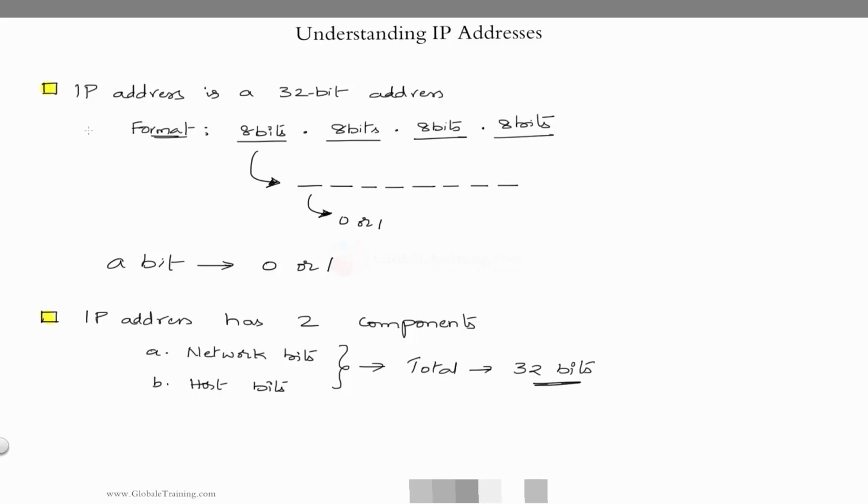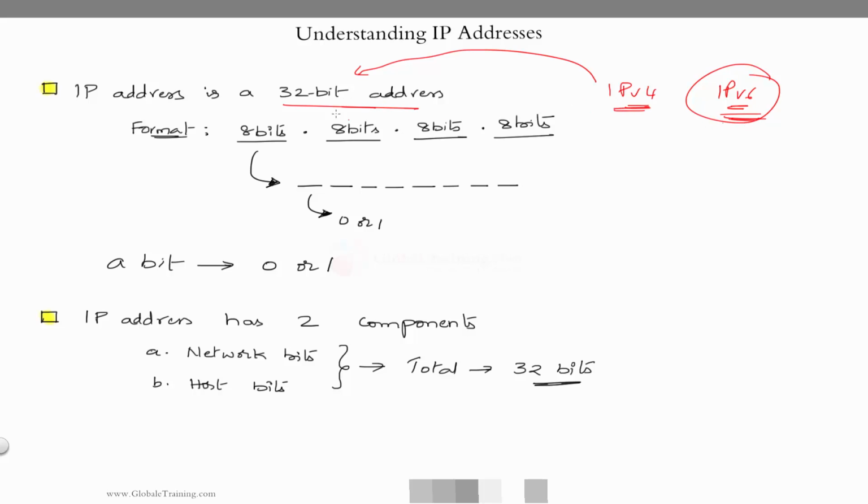Okay, IP addresses. The current version is IP version 4. IP version 4 is a 32-bit address, and the latest version is IP version 6. That's different, and we'll not be discussing IPv6.